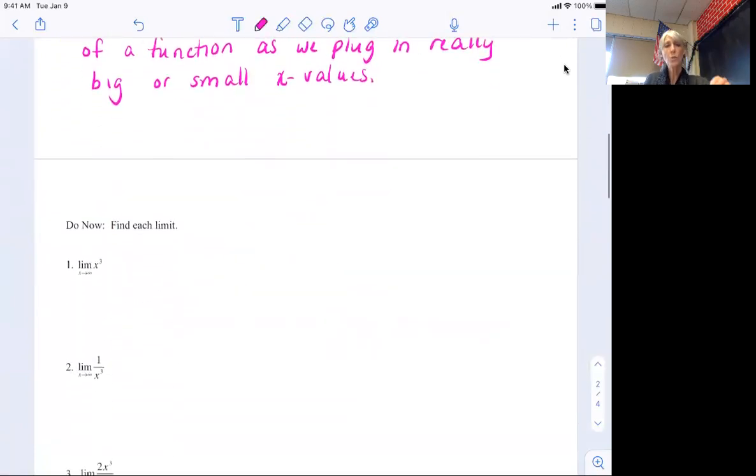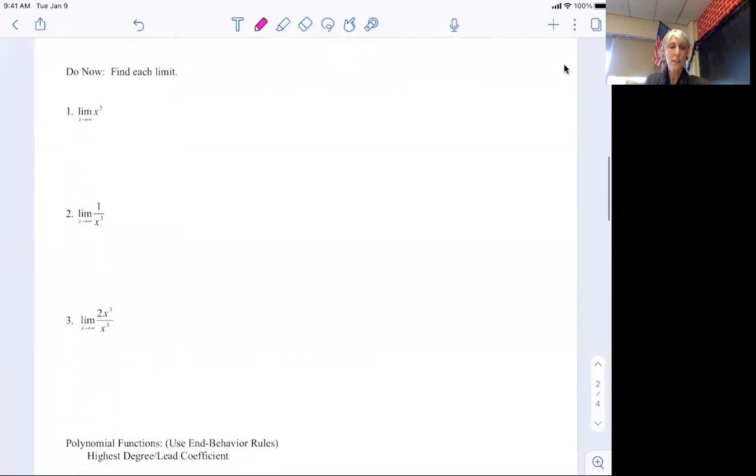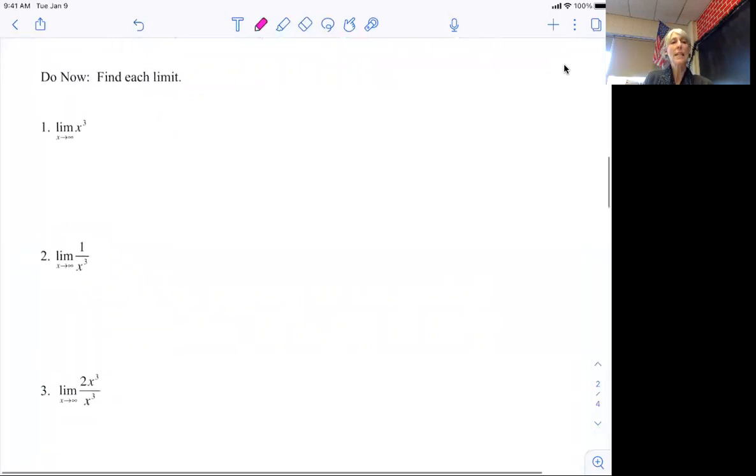Now, in this course, we studied the end behavior of our functions already, in our polynomial function, in our rational function. So we're going to combine this now with limits. So the limit as x goes to infinity of x cubed. I just want to think about the graph.